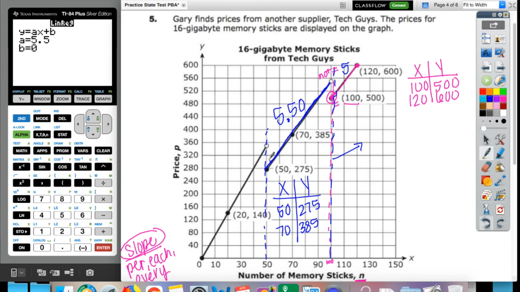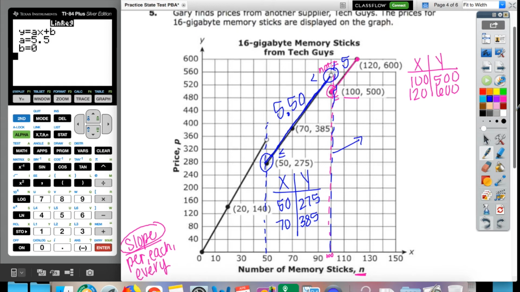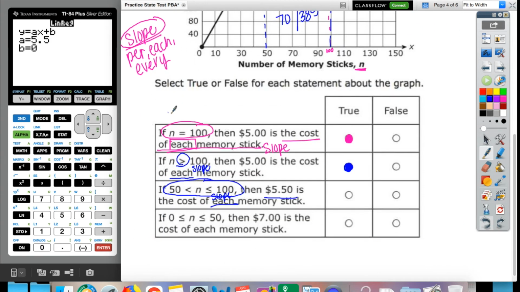My graph had a closed circle on 50. That should be less than or equal to. And then on 100, it was open. So that's just less than. So your inequality should have said 50 less than or equal to n less than 100. So because those inequalities are backward, it actually makes this one false. So it's not just the slope you have to look at, it's the inequalities as well.